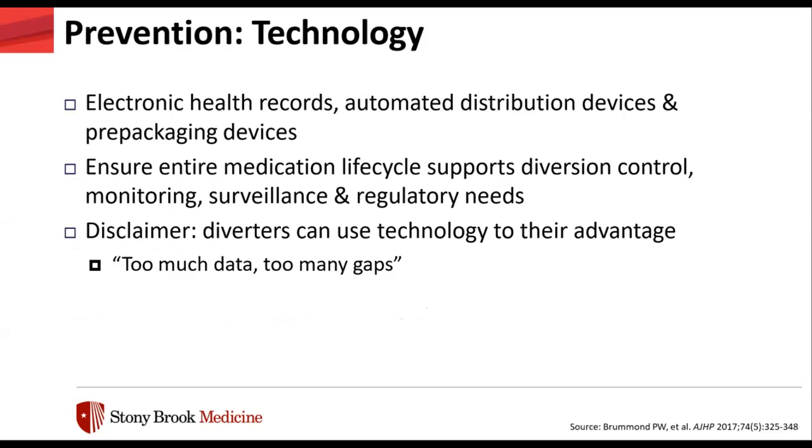There's so much data that we can obtain in terms of drug diversion that it might be too excessive. We might be looking at the nitty gritty, and they might be able to divert certain medications that we might overlook. So it's important to have a holistic approach when monitoring drug diversion.